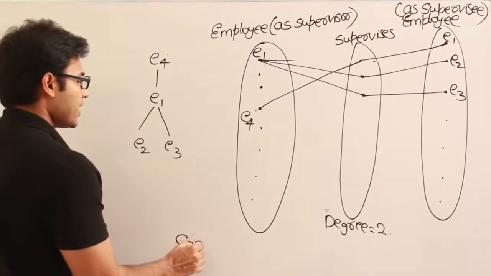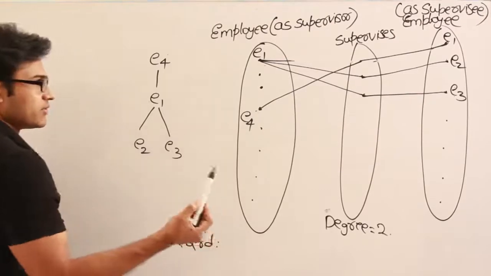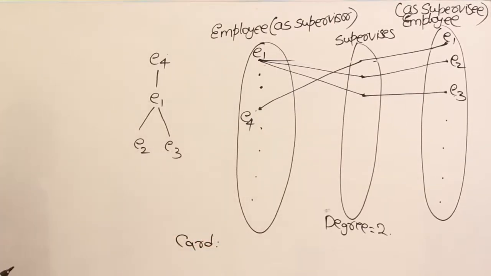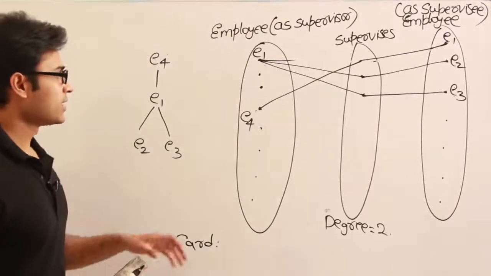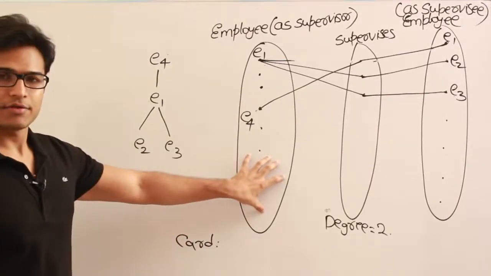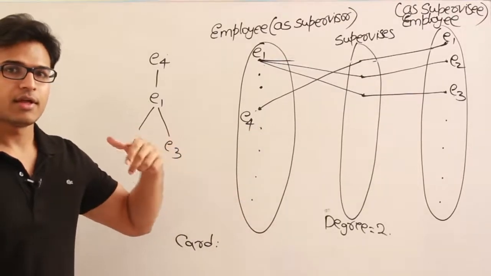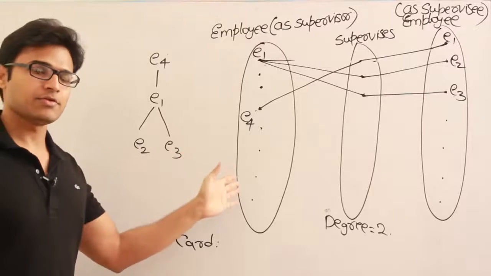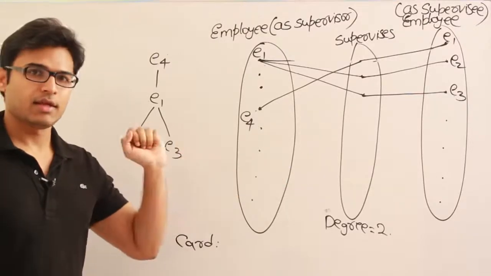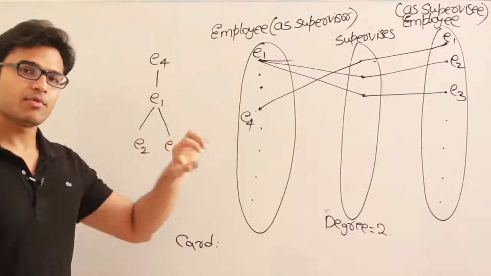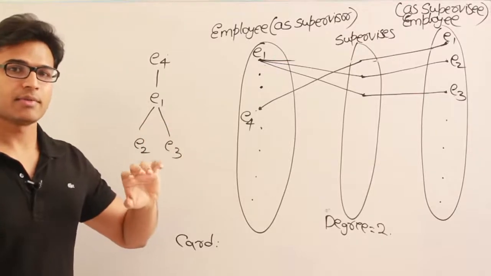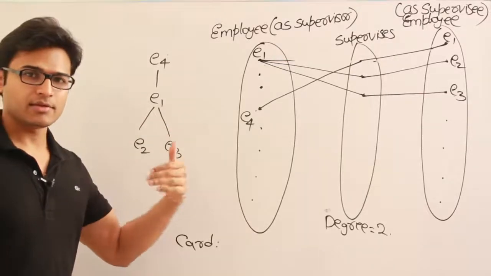Cardinality will actually be derived from the specification, that is, the requirement analysis. Let us say from requirement analysis, you found out that it is not always necessary that every employee has to manage someone, and an employee who is managing some employees might manage one or more.